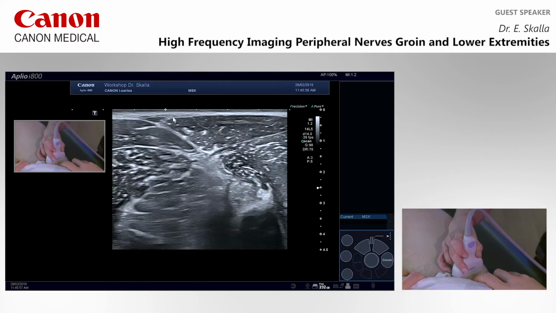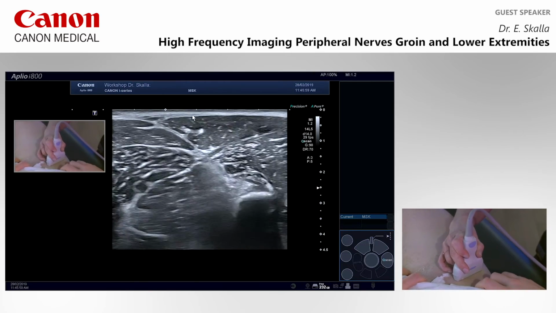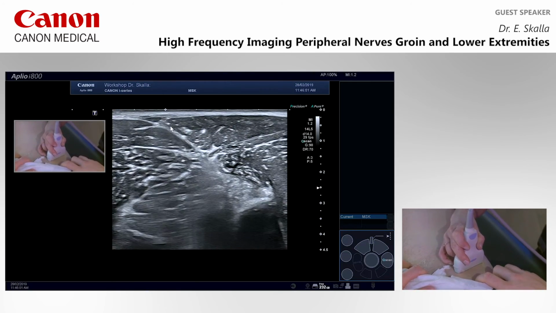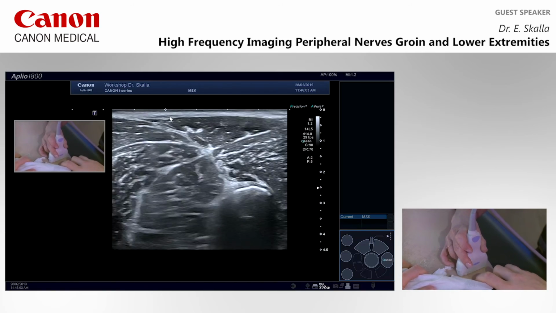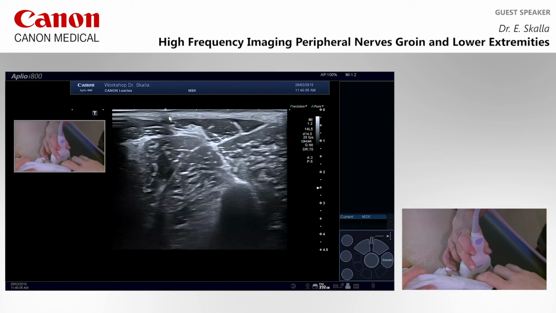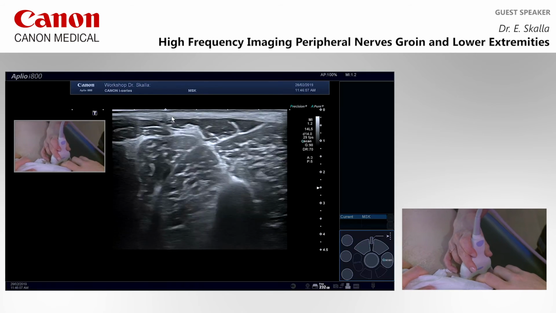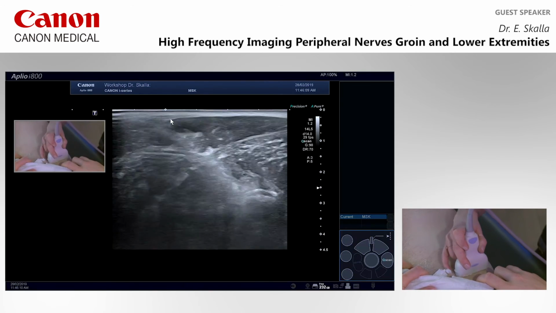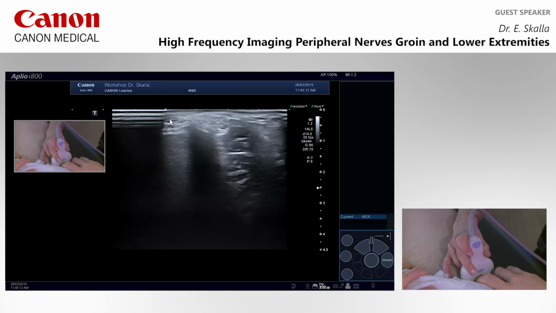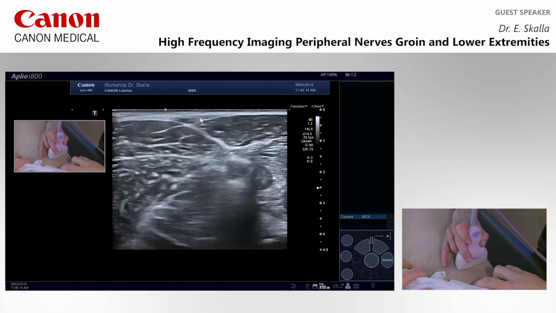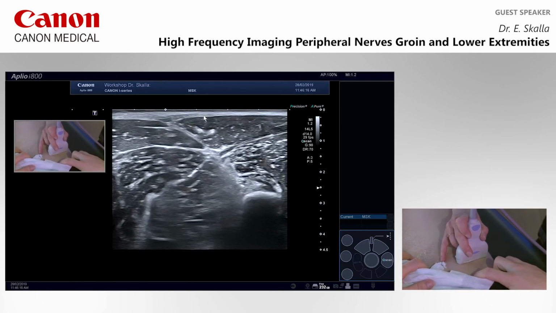I'm now going upwards a little bit, and you see the internal landmark, the Sartorius muscle, and it's running flattened on the muscle upwards to the, now I've lost it, once again back. There, here you can see the nerve. It's very flat here.